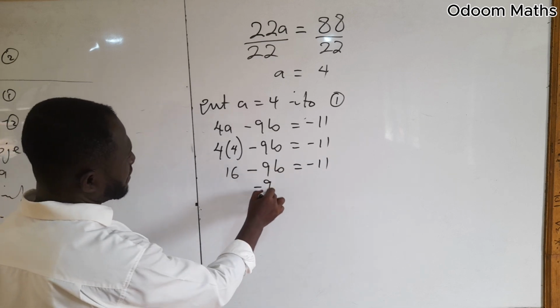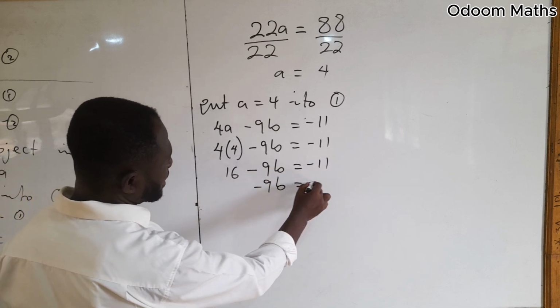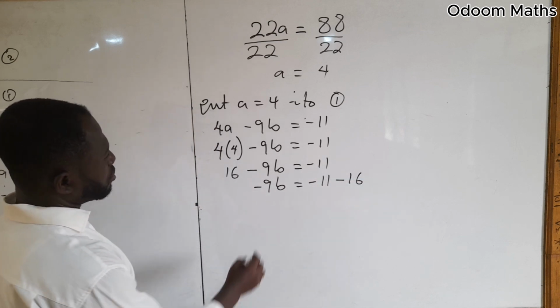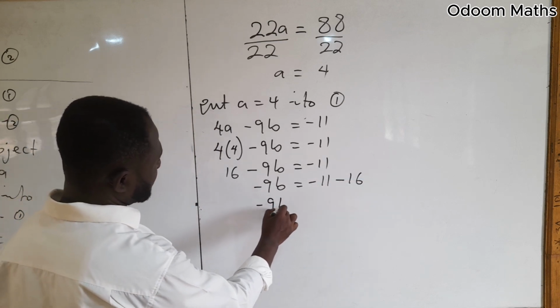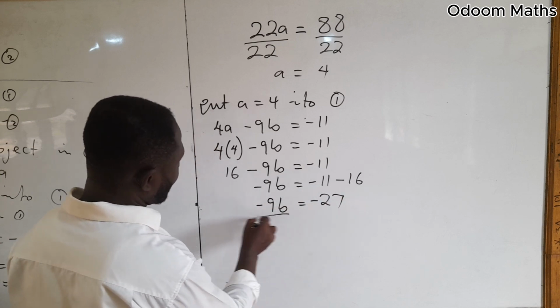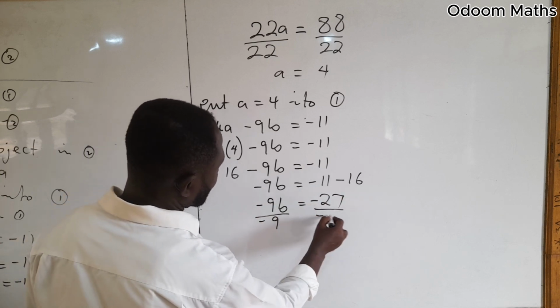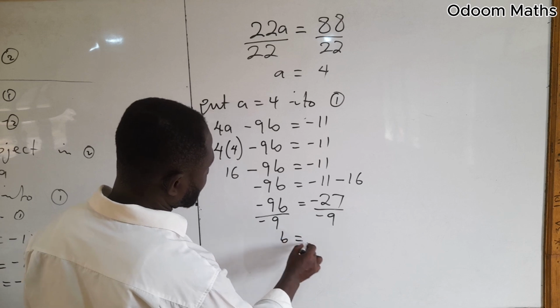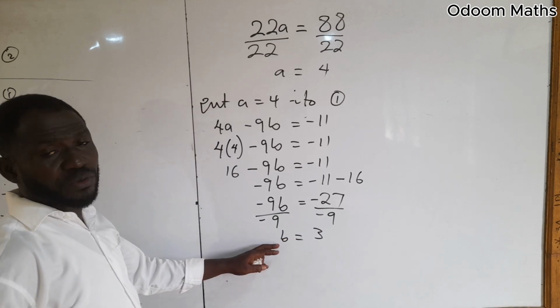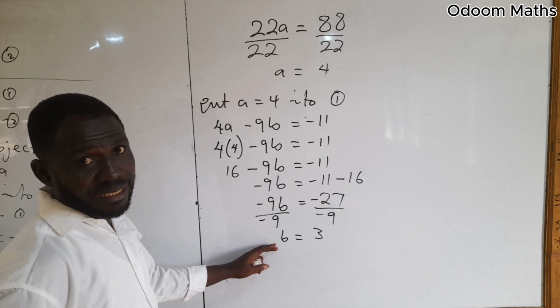And then negative 9b becomes negative 11 minus 16. So this is going to be negative 9b equals negative 27. Then we divide both sides by negative 9. So b becomes 3.